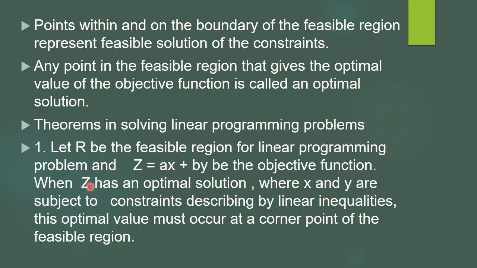What is the meaning of this? We are trying to find the feasible region. After plotting the points, we get a certain region, which is either bounded or unbounded. And if it is a bounded region, then whatever optimal values we get, they always occur at a corner point.